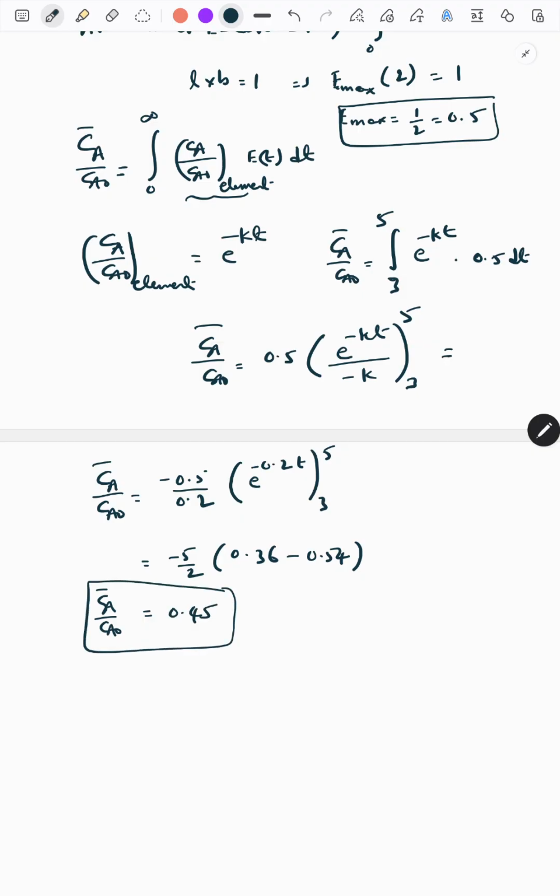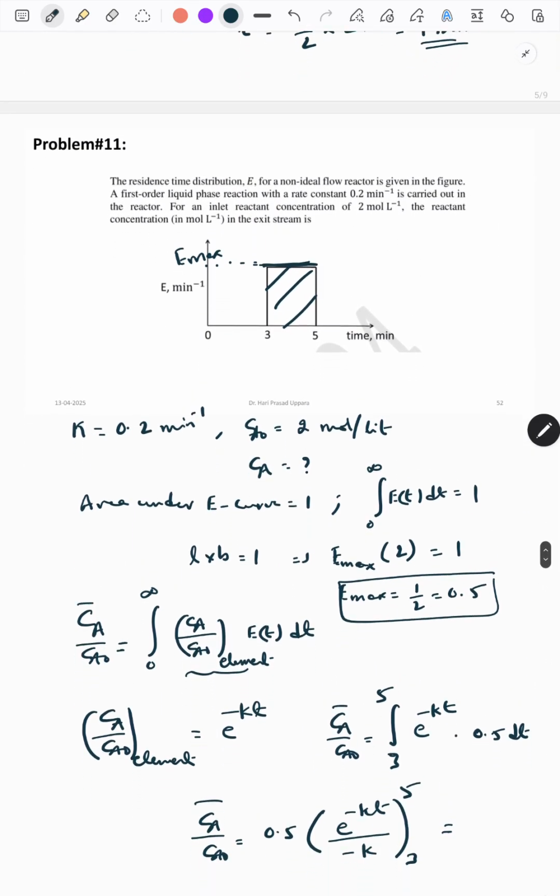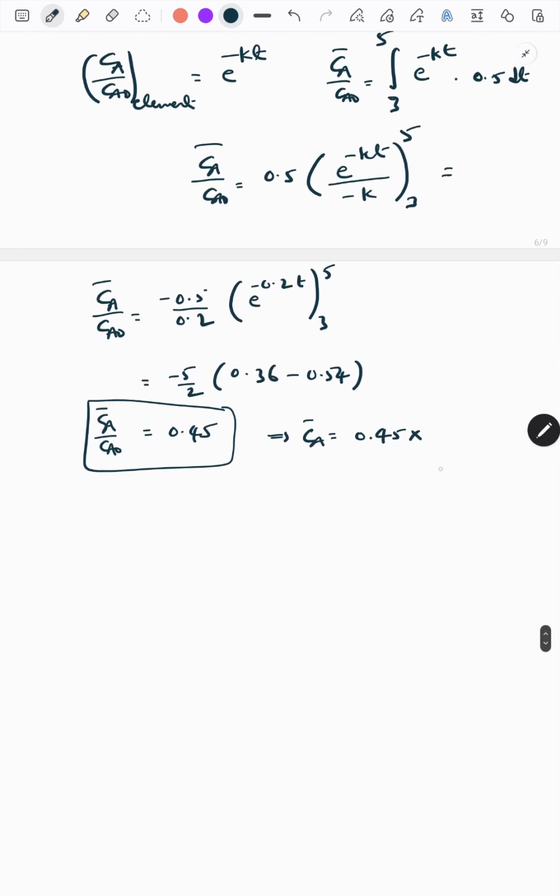This is the mean concentration at the outlet, Ca bar by Ca0. This implies Ca bar, the concentration at the outlet, is equal to 0.45 multiplied by the initial concentration of 2 mole per liter, which is 0.9. So concentration Ca bar is 0.9 mole per liter. This is your answer.